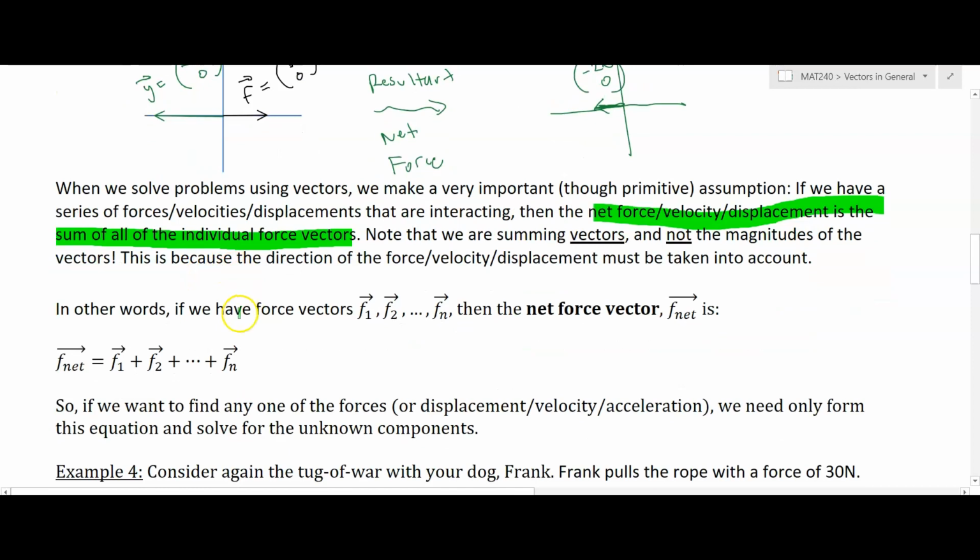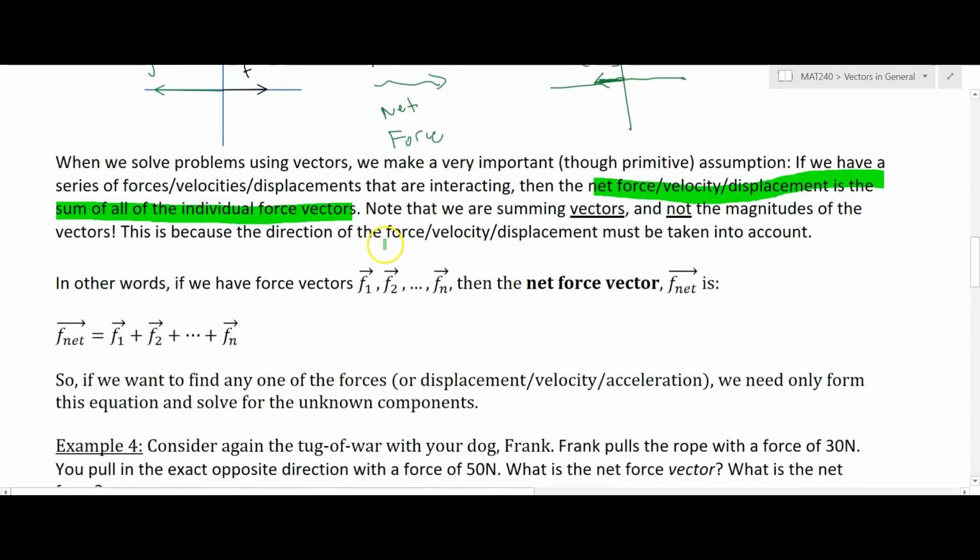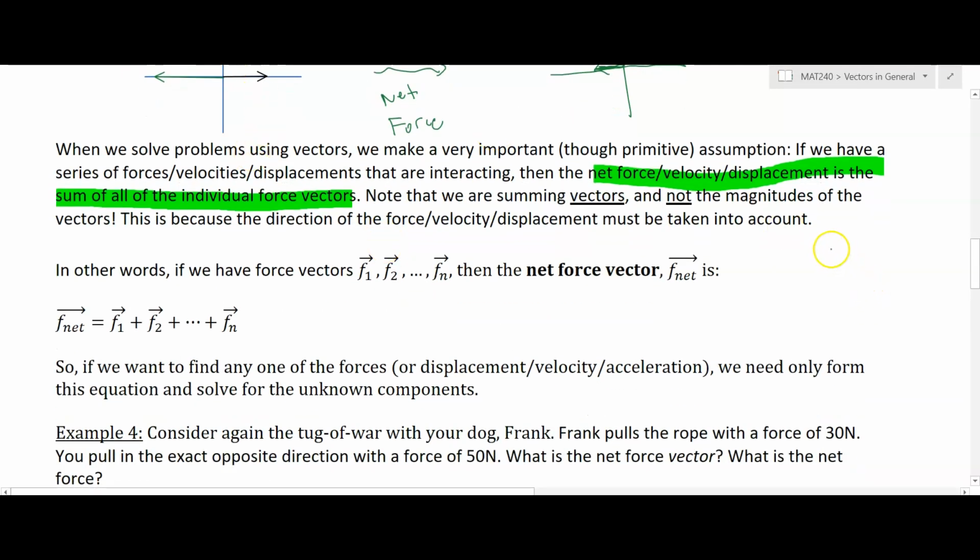If the direction of those velocities is different, for instance, if you have a wind blowing at 45 miles an hour this way, and then you have a wind blowing, let's just say, 45 miles an hour this way, well, you can't really add 45 and 45 and say that it's 90. And that is because they're going in opposite directions.